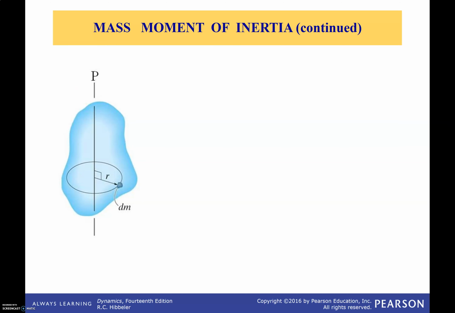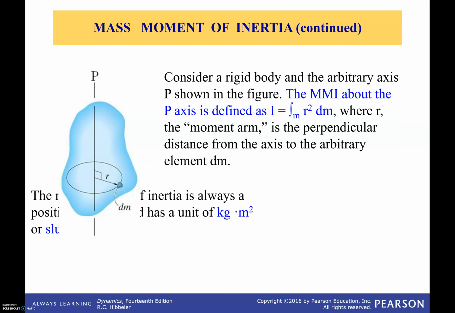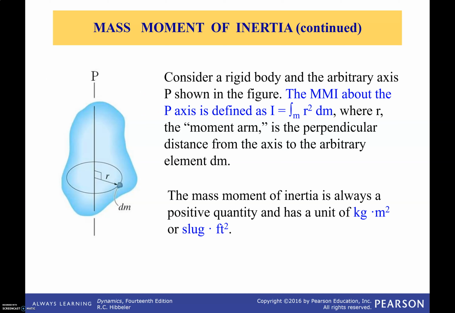So how do we calculate moments of inertia? Well, we are going to use integration. The idea is that you have an axis here, and you want to calculate the moment of inertia about that axis. It's always calculated about that axis. So you break the object into little pieces.